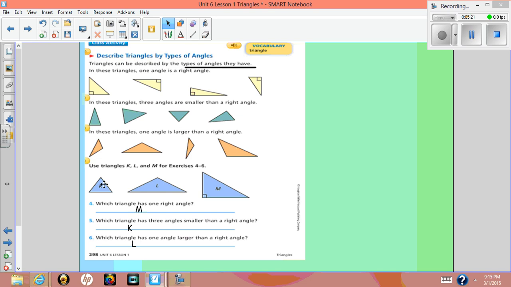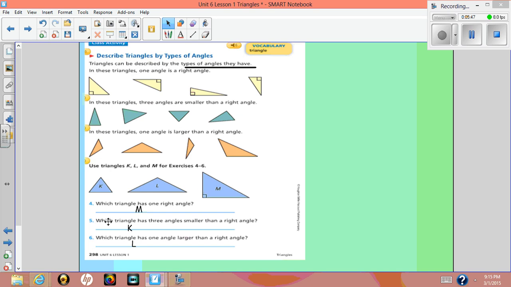Now let's look at K, L, and M and use these to answer these questions. Number 4 says, which triangle has one right angle? Remember, a right angle is always perpendicular lines that meet at the end point and form a square. This is the only triangle that has a right angle.